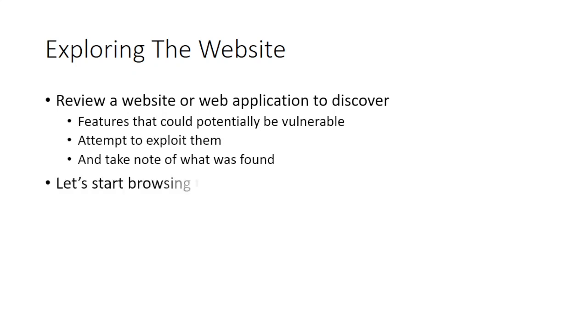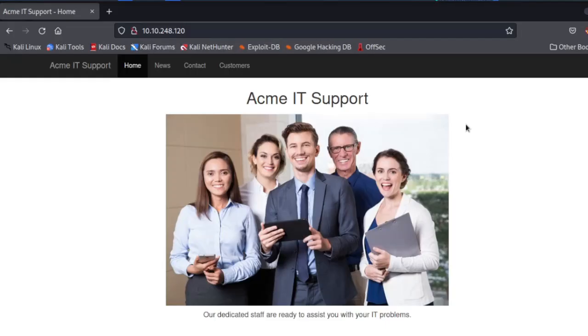So let's do that. Here we are on the web page. The first thing that we see is the home page. It contains a summary of what this Acme IT support does, with a company photo of their staff. Then what we can see is there is the news. As you can see, the link is there.